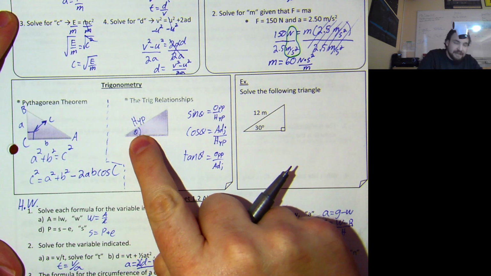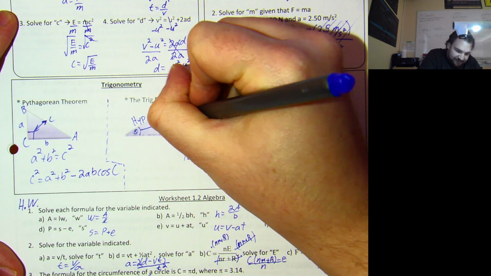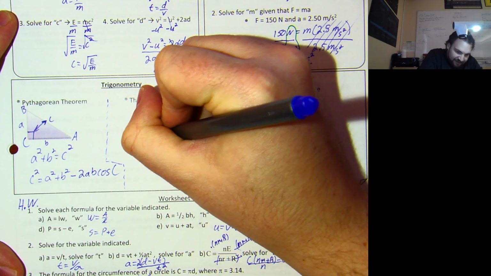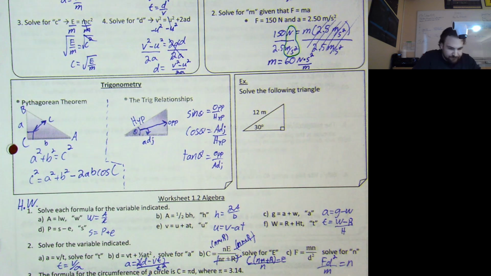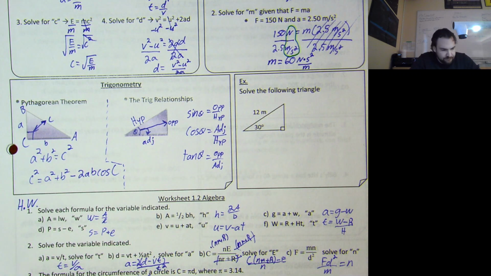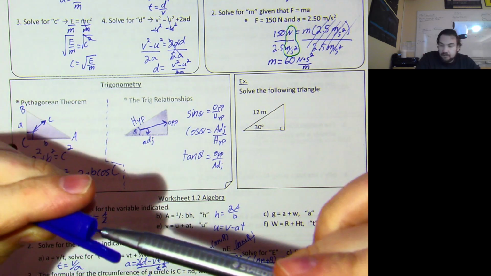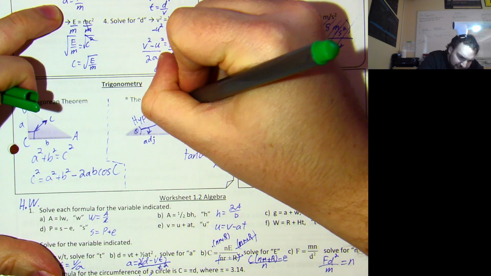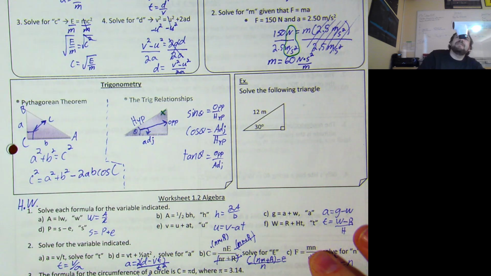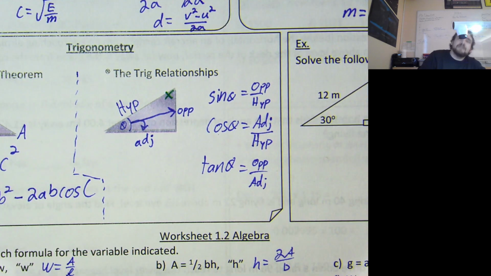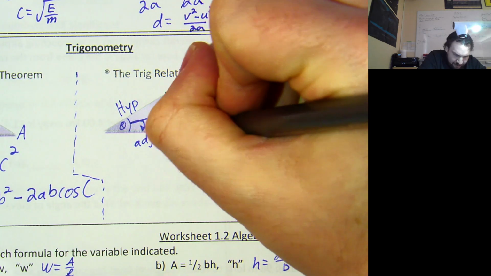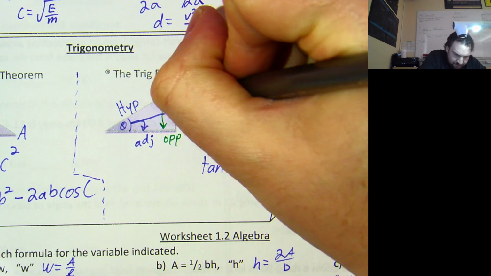So if that's the angle I'm labeling, this side here is opposite, and this side here is adjacent. If this were the angle I was using, the one on the top right, then this side here would be opposite, and this side here would be adjacent.